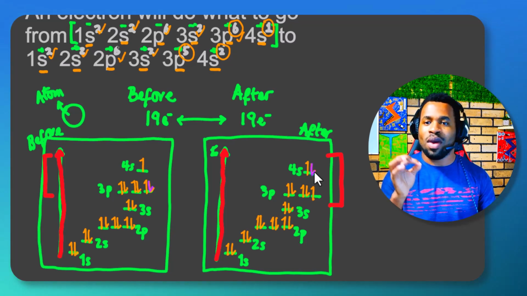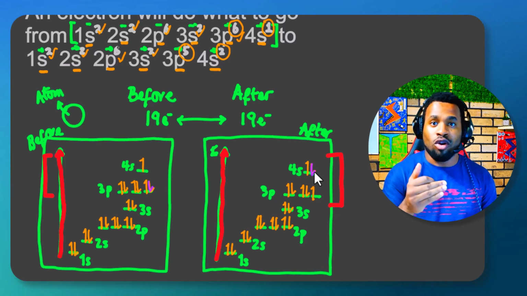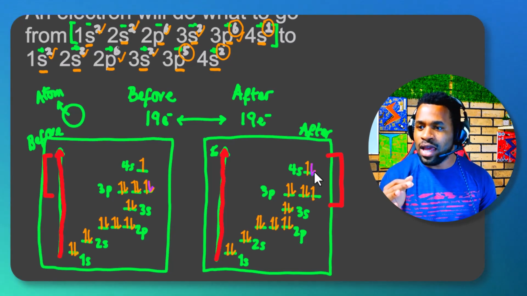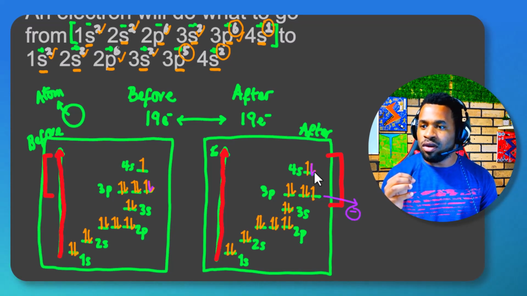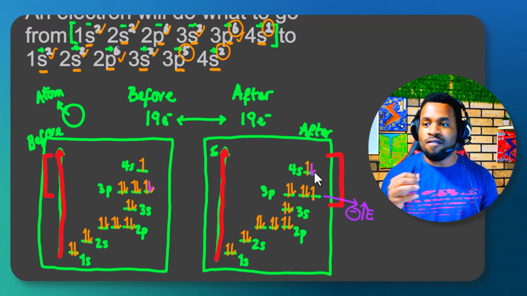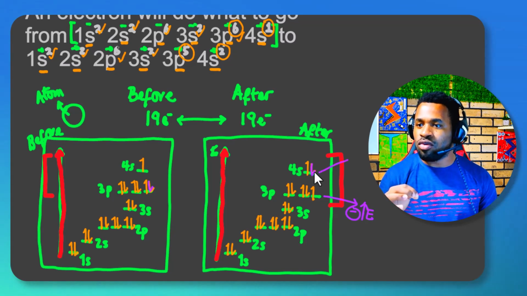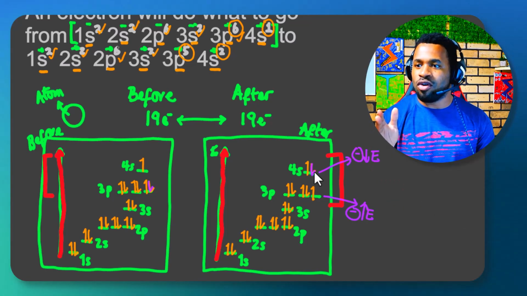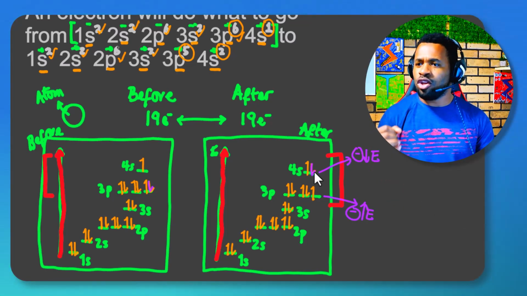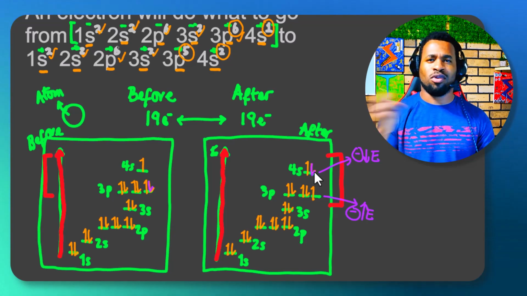And so when it moves from a lower energy, that means the energy here is a bigger negative value and is going to a smaller negative value. In order to accomplish this, you need to put in more positive values.